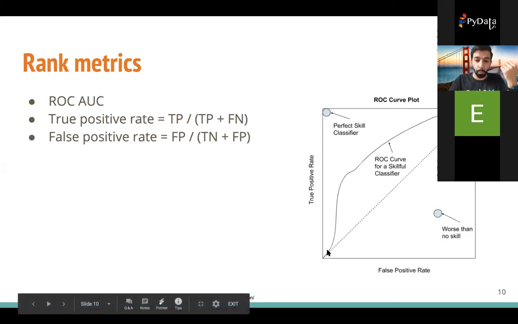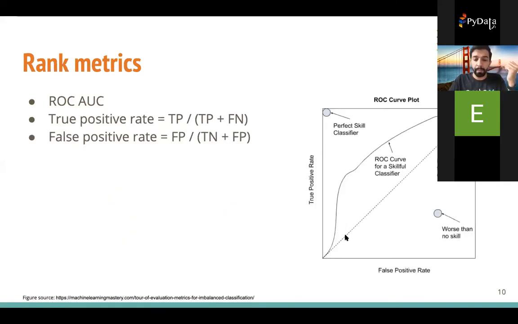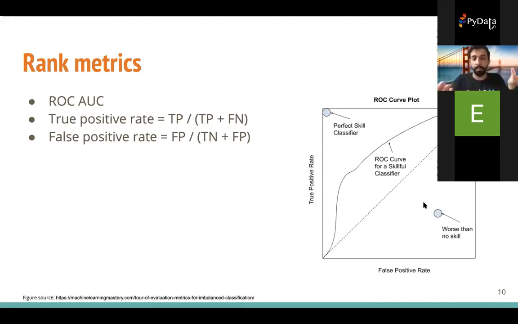Basically, the more true positives we make, we make equally bad false positives. And we see they have equal rates along the line. A good classifier will have more true positives than it has false positives. Below the diagonal, that means this is a reverse classifier.